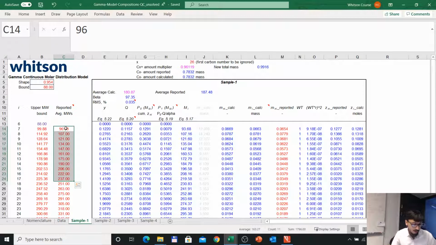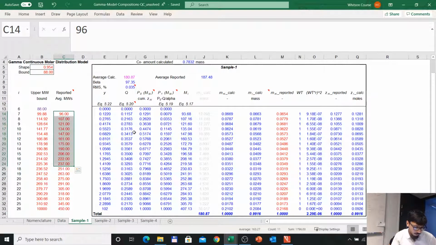These are the lab reported molecular weights of each component, and these are not so important for our calculations, and they are not going to affect the workflow that we are going to use. So even if you don't use them or you don't have them, it doesn't matter. Okay, so that's all about the data regarding the gamma distribution model.